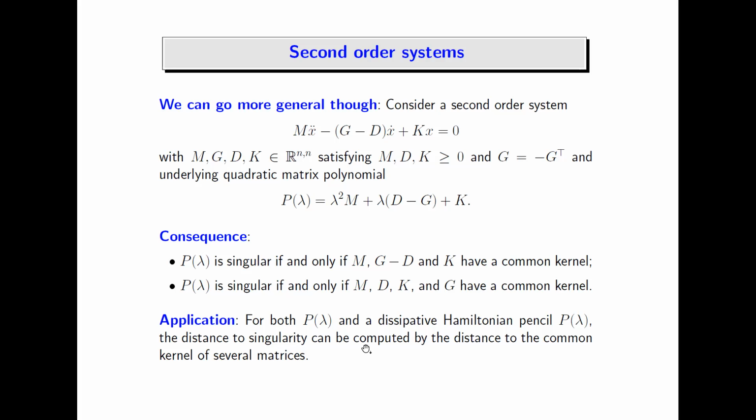And we did this in another paper. I'm not going to talk about this here, but just to mention that this is a nice application, that singularity is equal to a common kernel. This gives you a possibility to compute the distance to singularity. In general, this is a very hard problem.